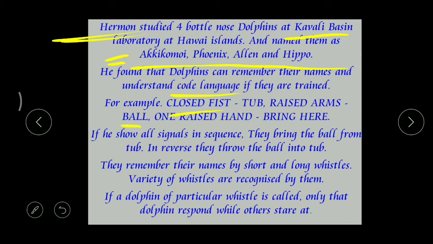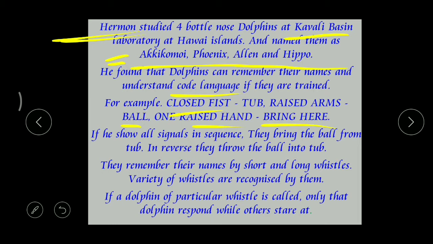And one raised hand, when one hand is raised, what is meant by that? It means bring here. Here we can find three codes: closed fist, then two arms in the air, and last, a single arm in the air.